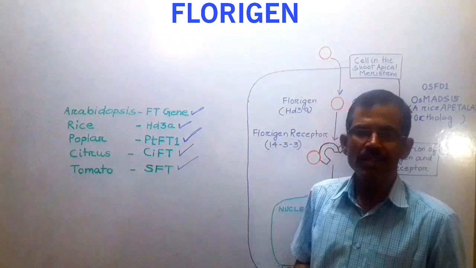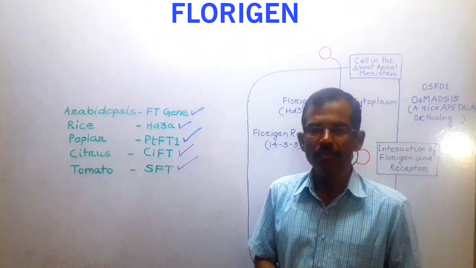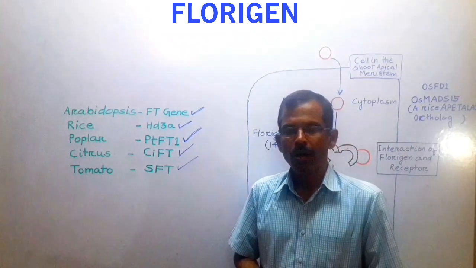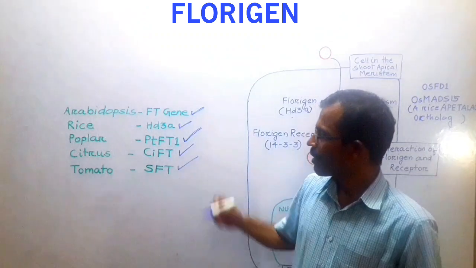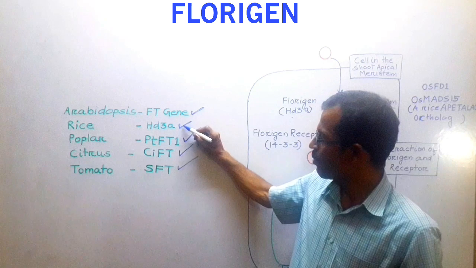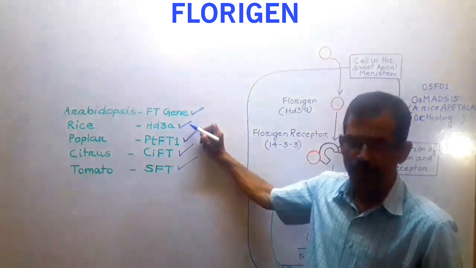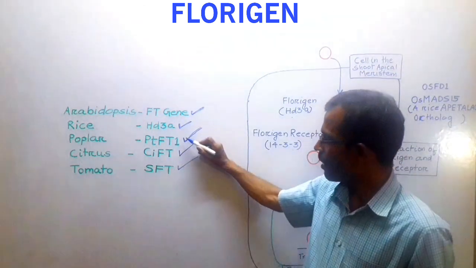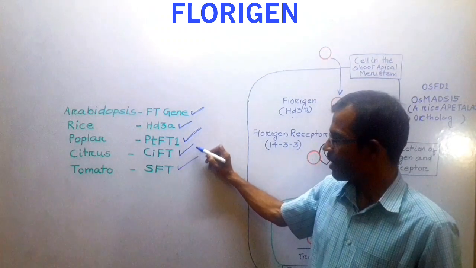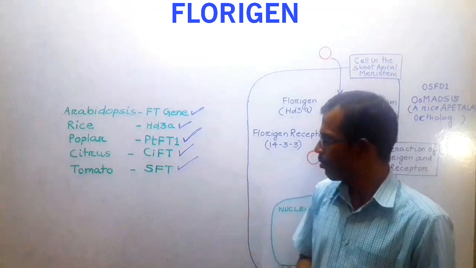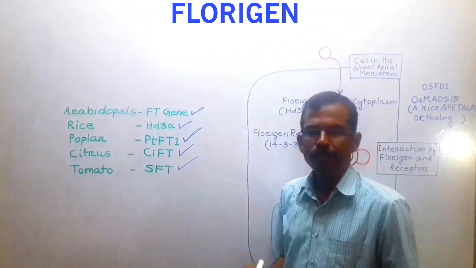Its homologs have been found in a wide variety of plants. All of them play a similarly important role. In rice, Florigen is encoded by Hd3a gene. In poplar by PtFT1, in citrus by CiFT, and in tomato by SFT gene.